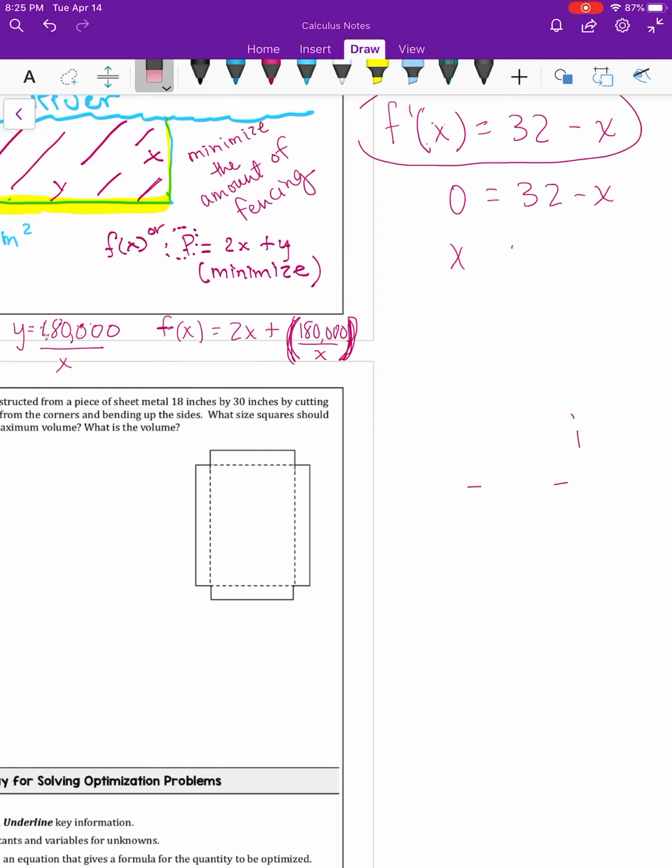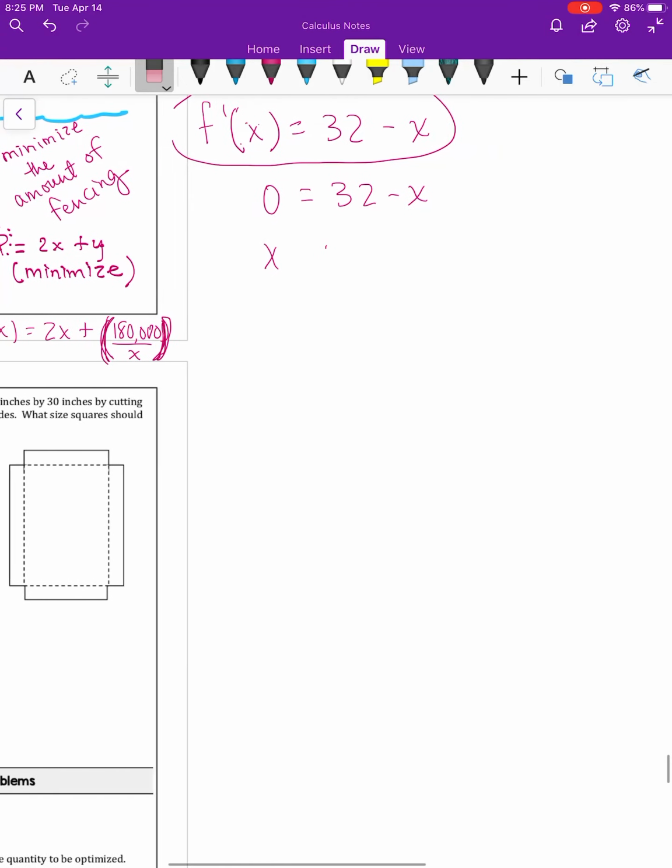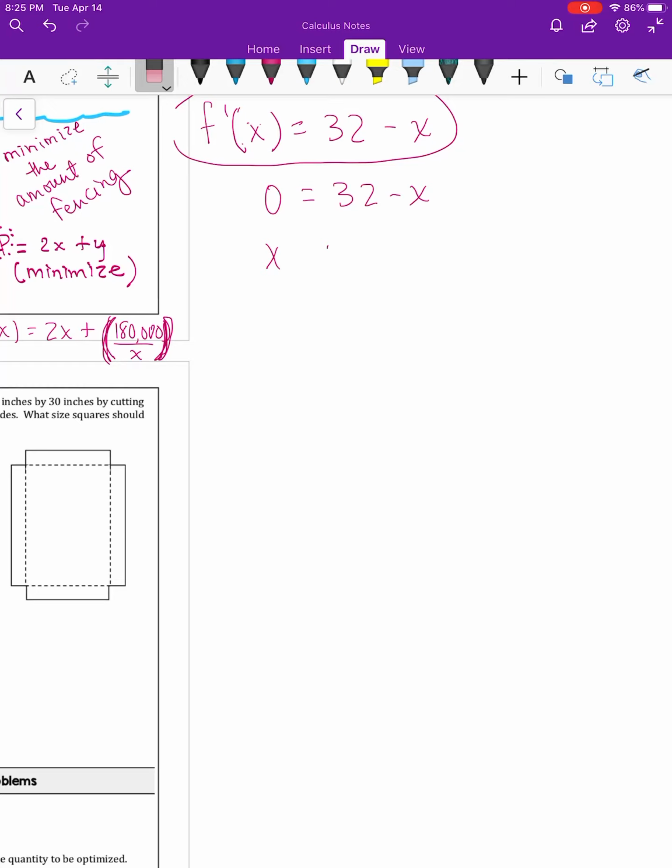You're hoping that one of your critical points, or maybe the only one you have, is a minimum this time, because we are trying to minimize the perimeter, which is what gave us the fencing.